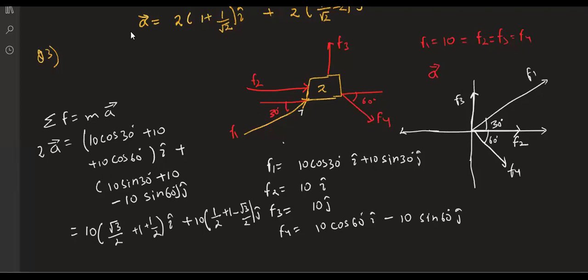Your answer should be: acceleration is 5 by 2 (root 3 plus 3) i cap plus 5 by 2 (3 minus root 3) j cap. Got it everyone?